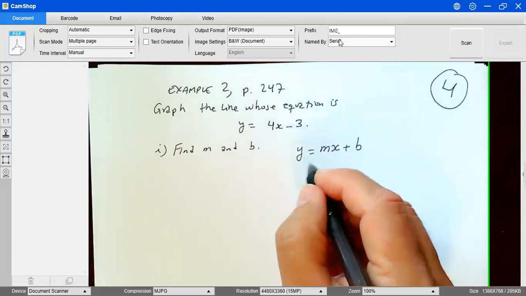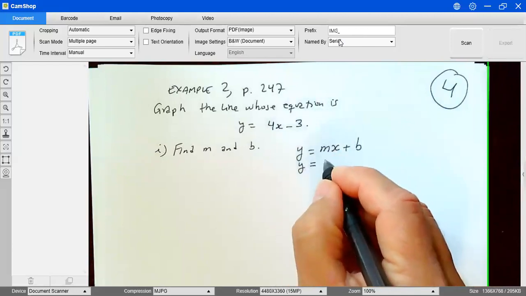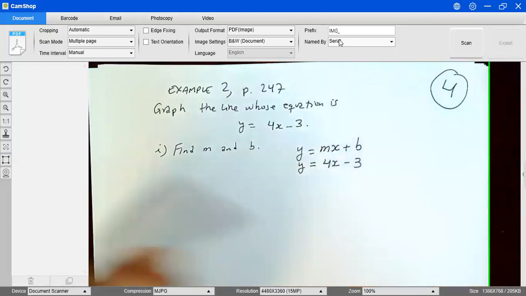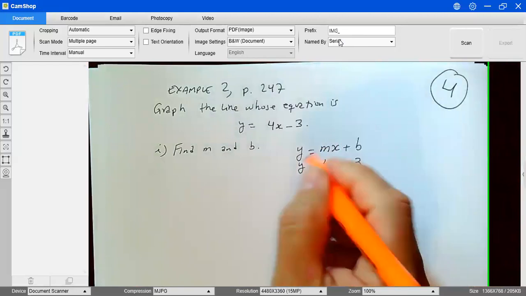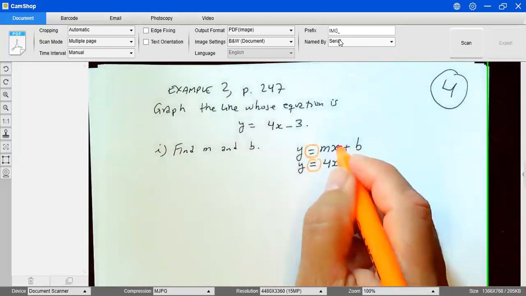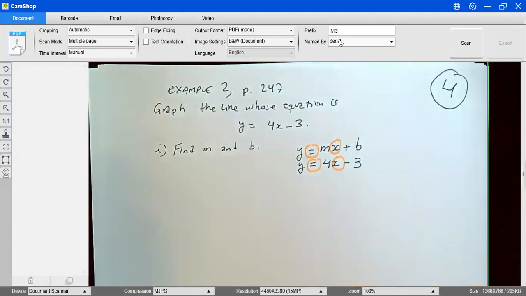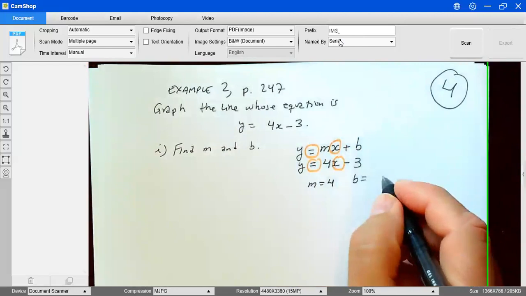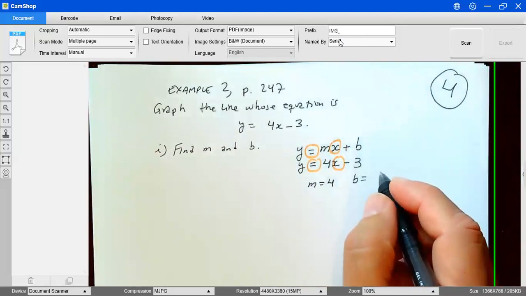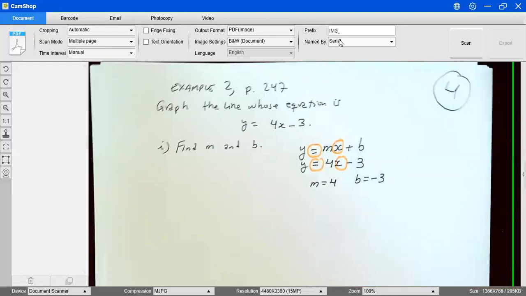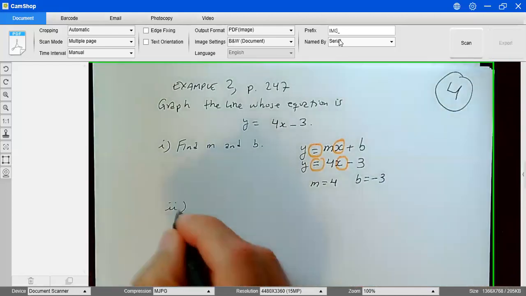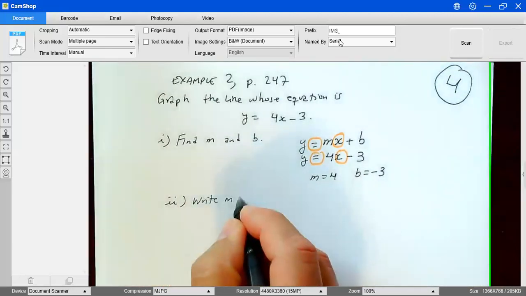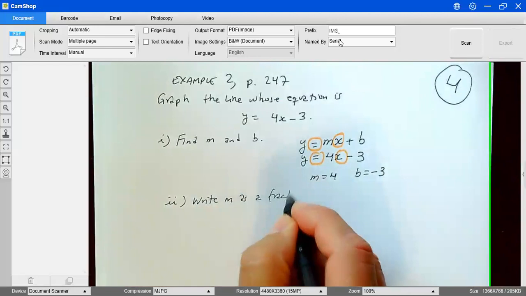Then we're gonna write the equation of the line that we want to graph, and then we're gonna compare this term by term. So we're gonna be able to find the slope is gonna be 4, and the y-coordinate of the y-intercept is gonna be -3.